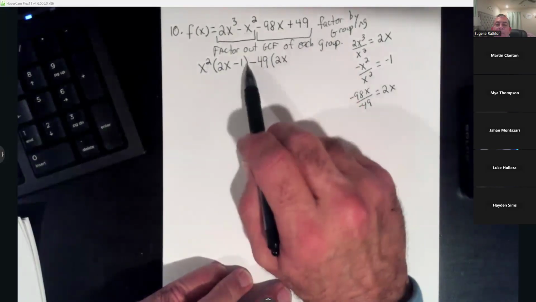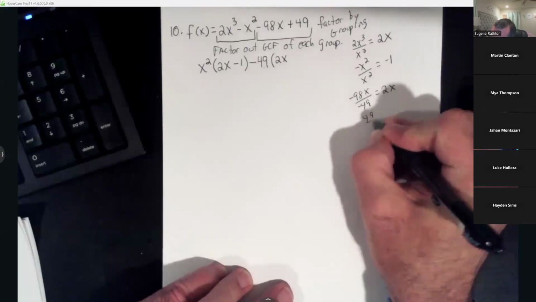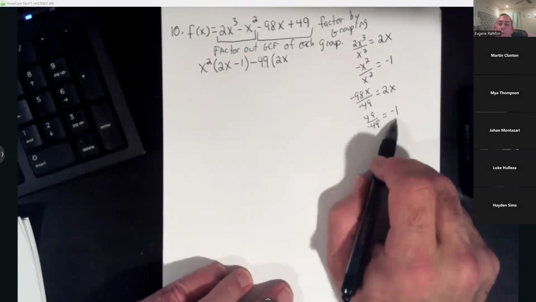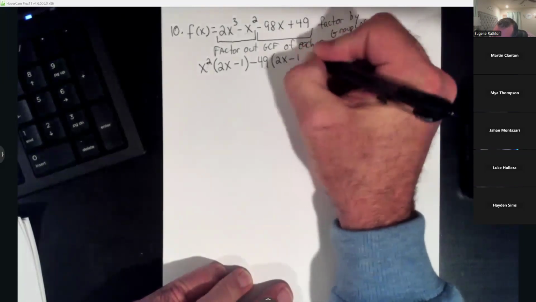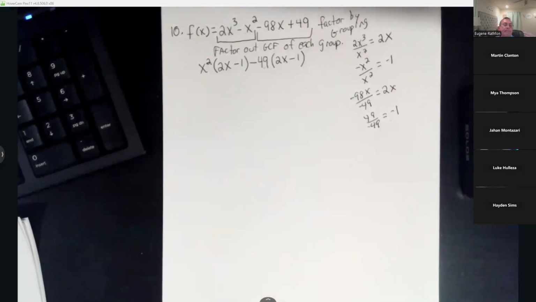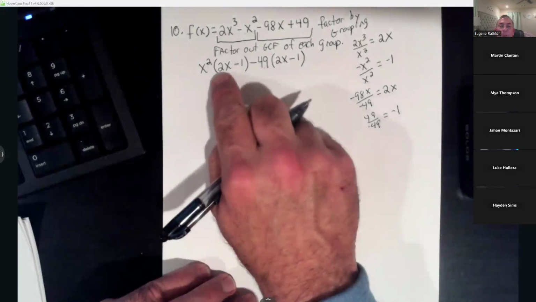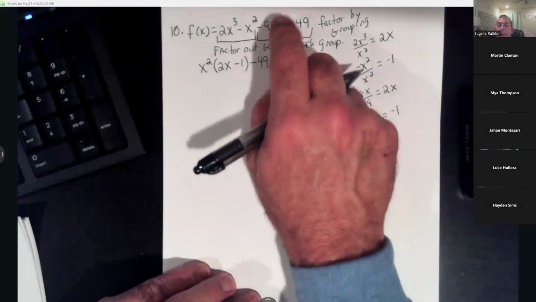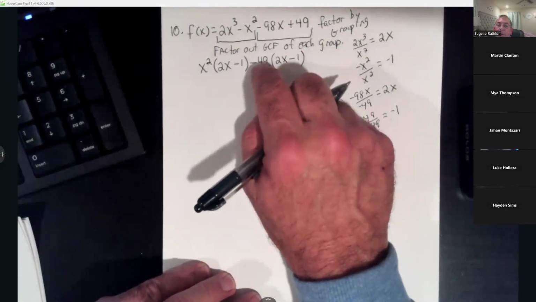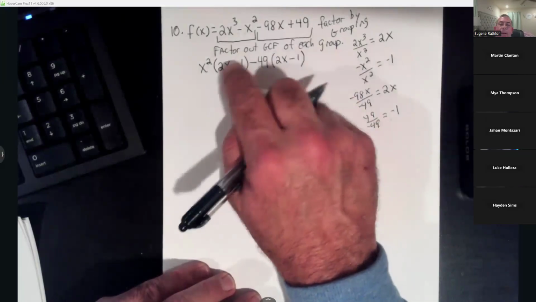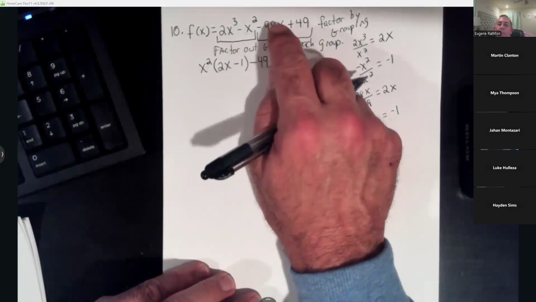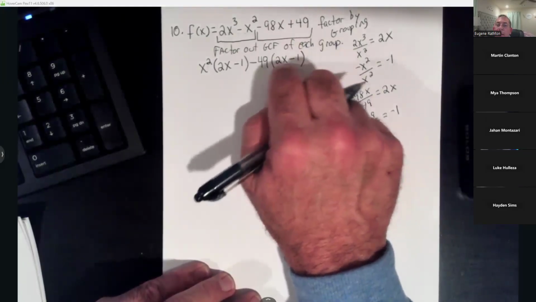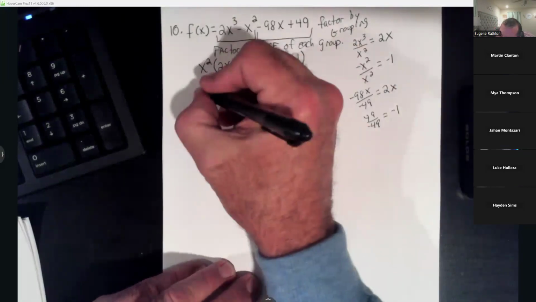Well, y'all, 49 divided by -49 is going to give me the -1. So that I get a 2x minus 1. Okay, so remember, use what you got here to guide you because you got to get the same thing here. If I'd have picked a 2 and put 2 here, that would have put a 49x in here. That wouldn't match. So you want to get this division down so that you can get what you need in those parentheses.